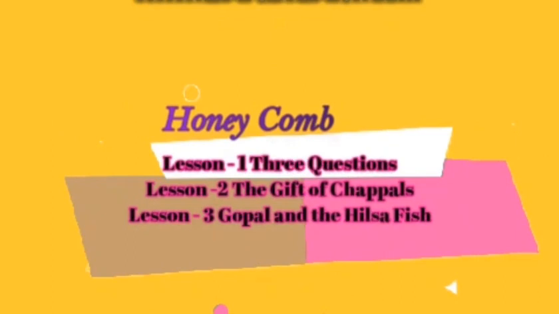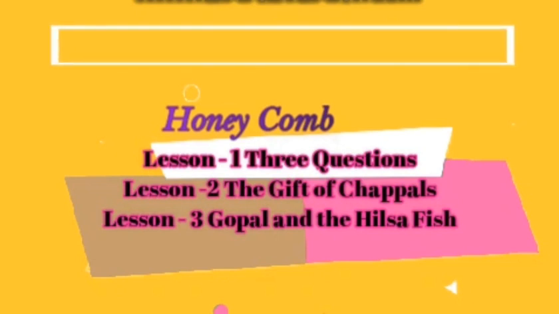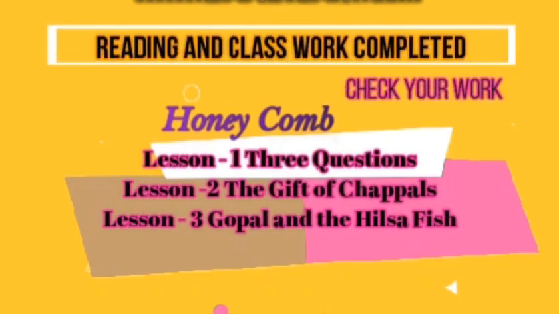And so far, my dear children, we have completed chapters 1 to 5 in our grammar book, and from our Honeycomb, lessons 1, 2, 3. With the classwork, we have completed the 3 questions of the lesson Gift of Chapels and Hills of Fish, the 3rd lesson.